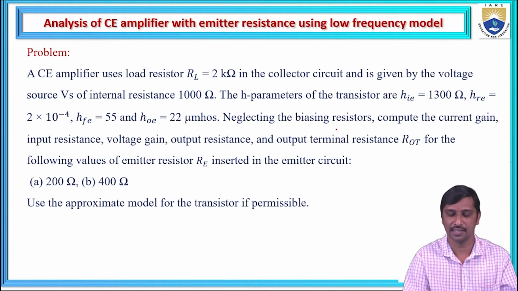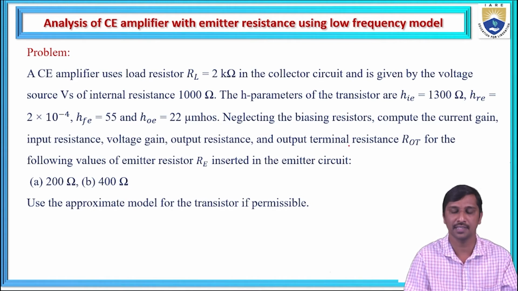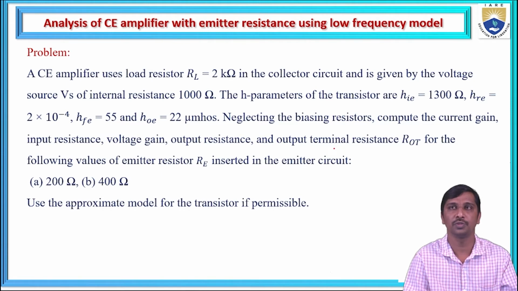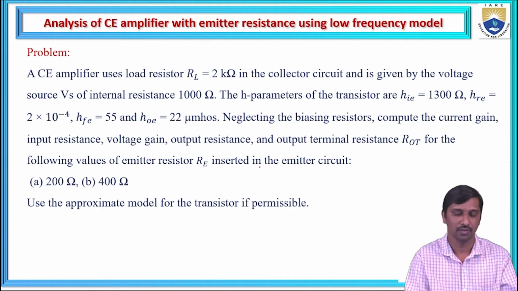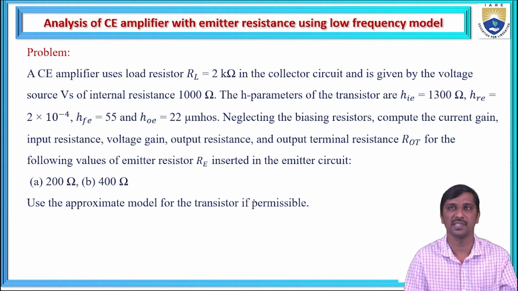Neglecting the biasing resistors, we need to compute the current gain, input resistance, voltage gain, output resistance, and output terminal resistance. It is also called the total output resistance. This is for the following values of emitter resistor RE inserted in the emitter circuit. They gave two different emitter resistances, one is 200 ohms and another one is 400 ohms. So use the approximate model for the transistor if permissible.